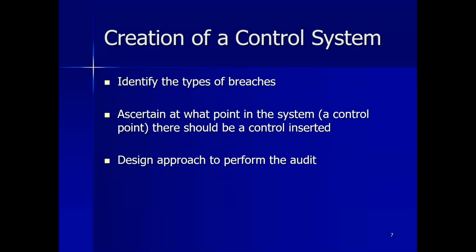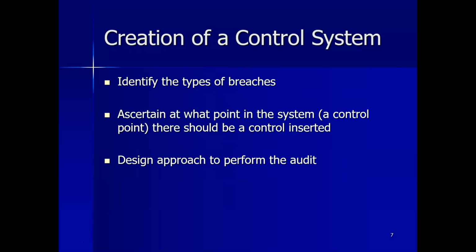This can result in inefficiencies, poor control, and wasted expense and frustration on the part of the system's users. Now, the first step is to systematically attempt to identify the types of breaches in the system that might occur. Examples could be a fire, robbery, or anything else.